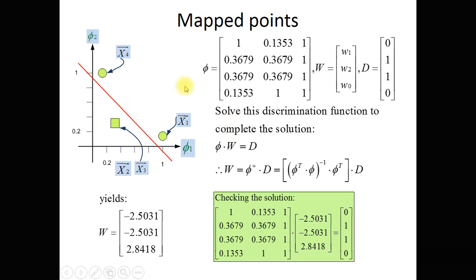Now this was a very small problem, small in the sense that the number of exemplars was very small. In most real life applications this won't work, because you may have a very large matrix over here. The number of samples, the number of exemplars, can be hundreds.